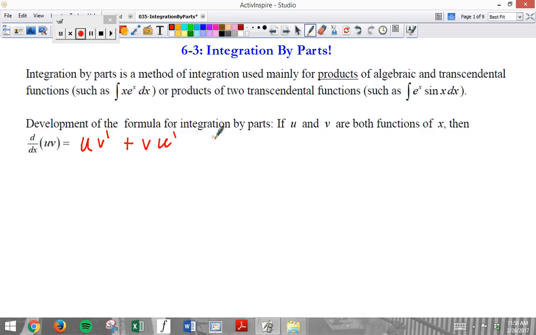Or, what we really mean by that is u times dv by dx plus v times du by dx.